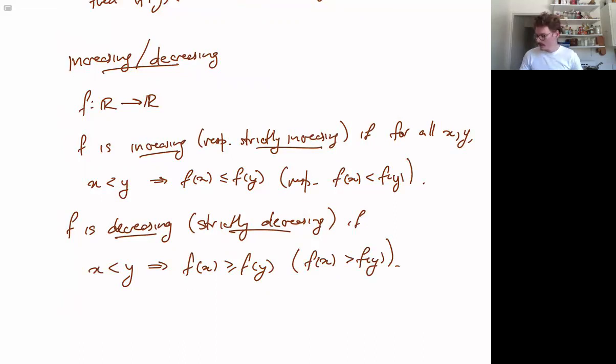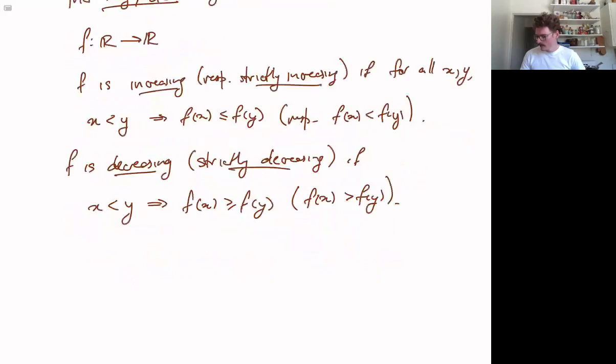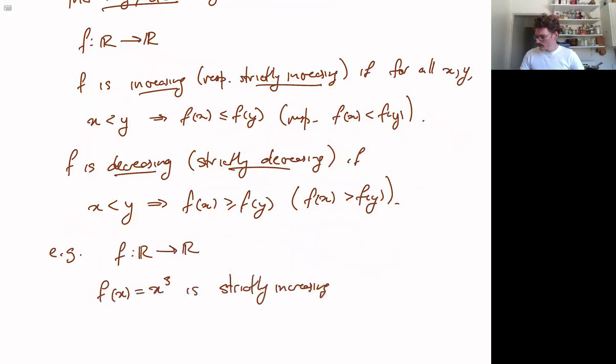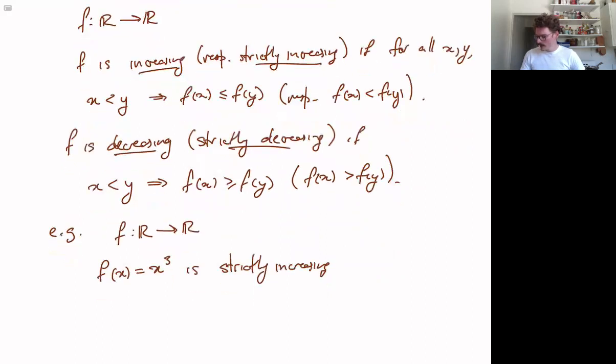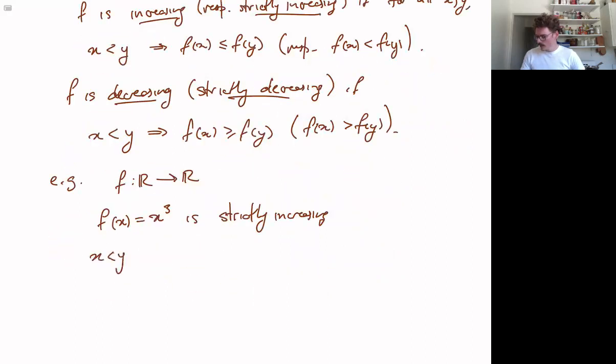So let's just remember we're thinking about a function from R to R. F of x equals x cubed is increasing, and in fact it's strictly increasing, because x less than y implies x cubed less than y cubed.